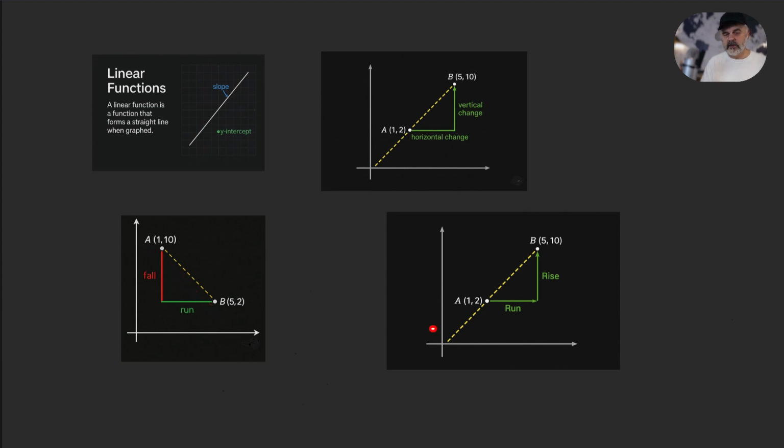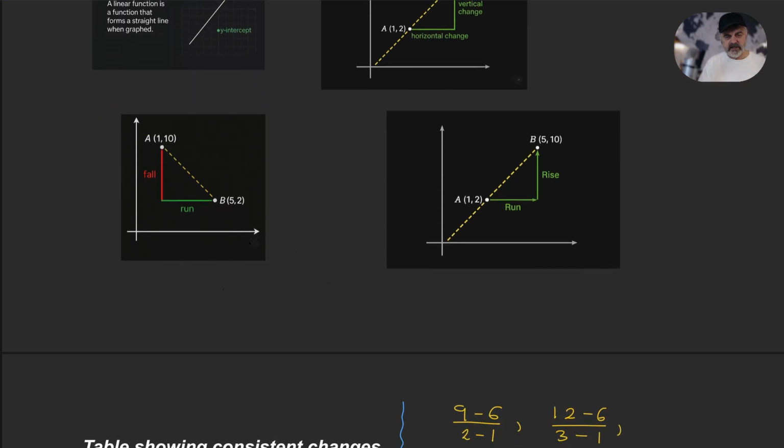And this is the typical example where the run and rise is indicated. Instead of calling it horizontal change, you have a run. Instead of calling it vertical change, you have rise, and the ratio, this distance divided by that, represents the rate of change. So hopefully you're getting a better and better understanding.